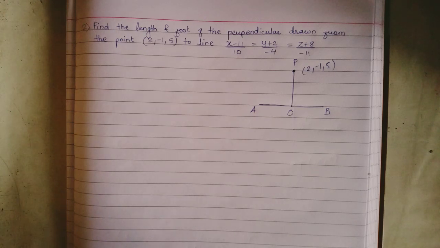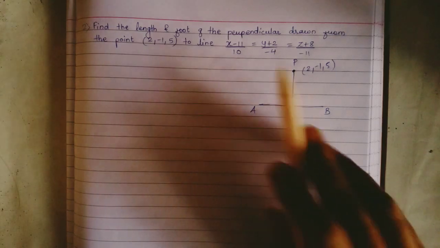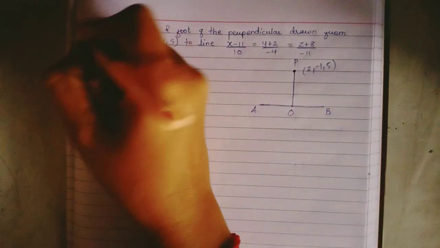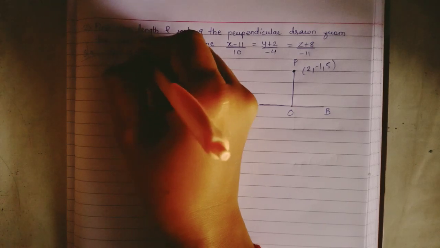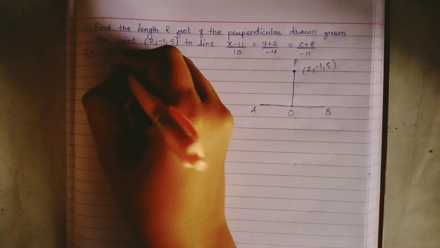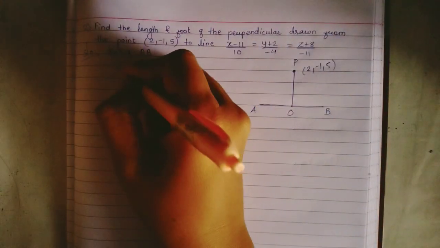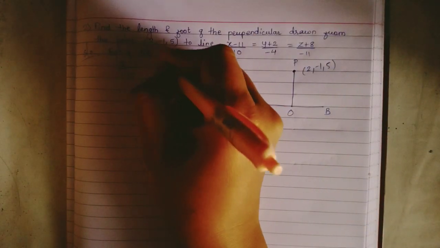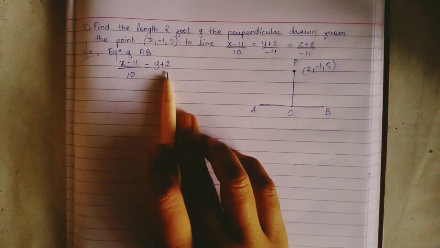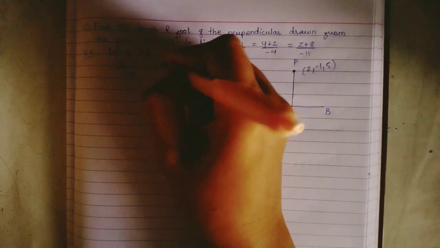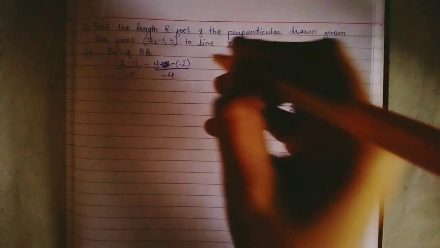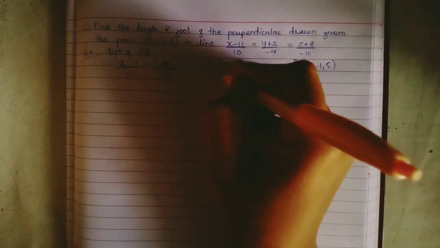So first thing you have to find is this point, using the line. Our equation of AB is (x minus 11) upon 10 equals (y plus 2), I'll write this in the general form, that is y minus y1, so this will be minus of minus 2 upon minus 4 equal to (z minus minus 8) upon minus 11.